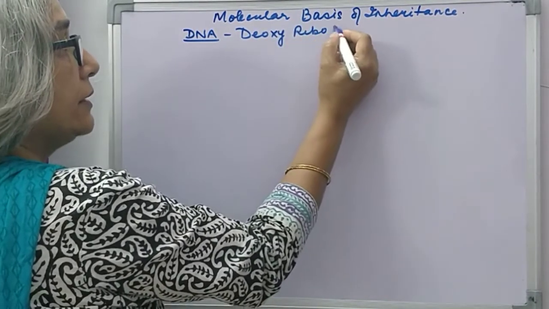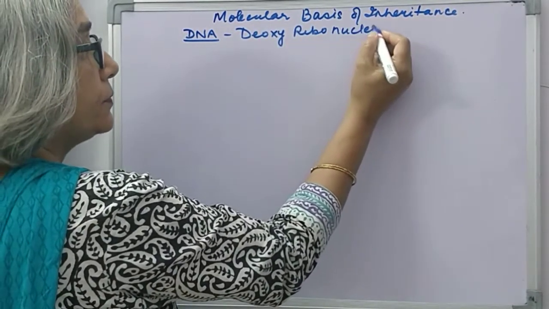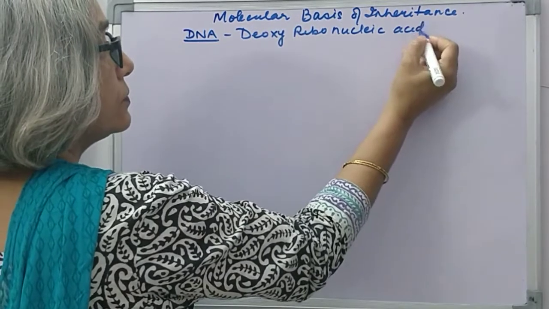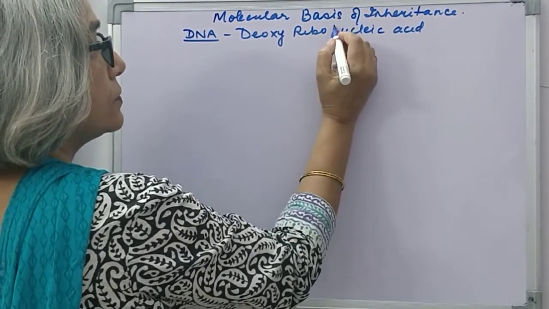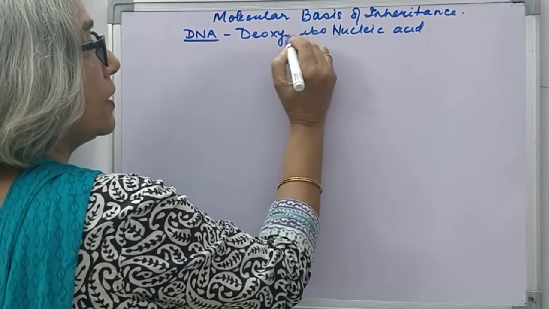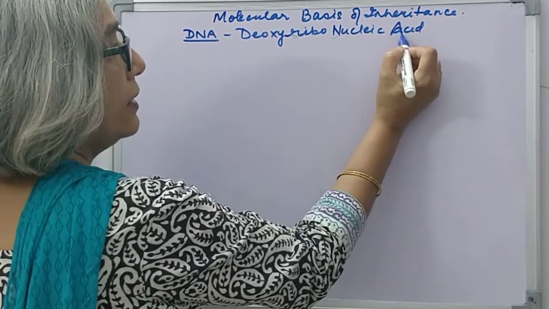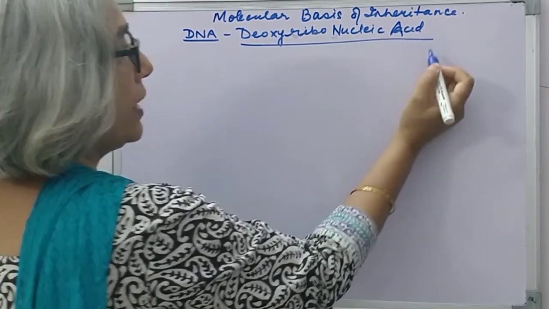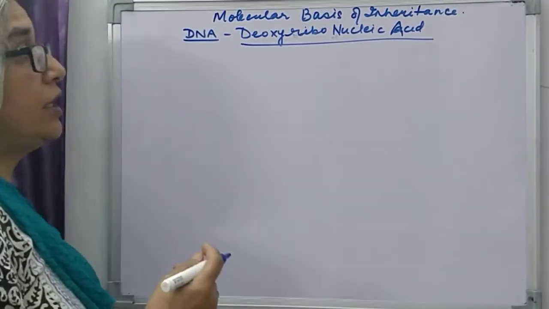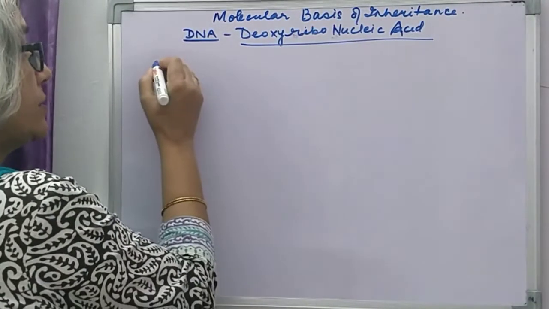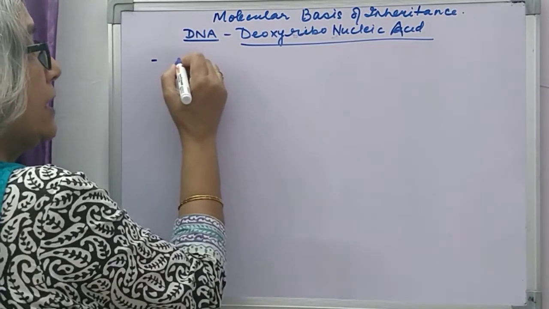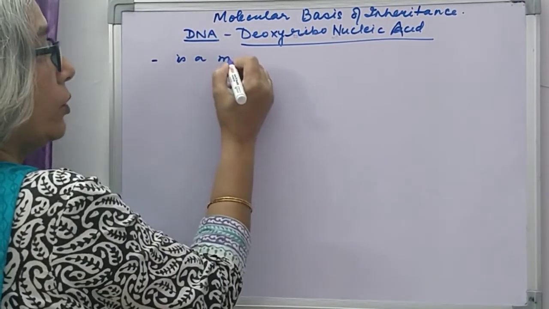Deoxyribonucleic acid is the genetic material in most of the organisms. Now, DNA is a macromolecule.